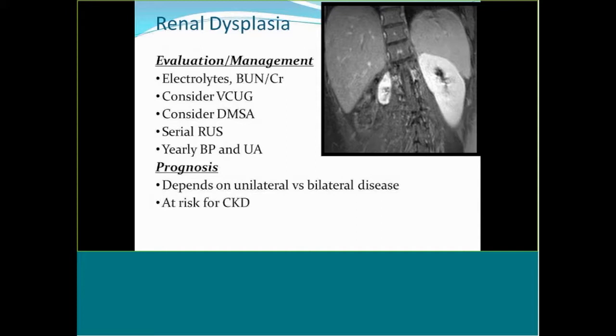And so the prognosis depends on whether the dysplasia is unilateral or bilateral. If it's unilateral and the other kidney is completely normal, prognosis is actually quite excellent. If it's bilateral, then they are at risk for chronic kidney disease.